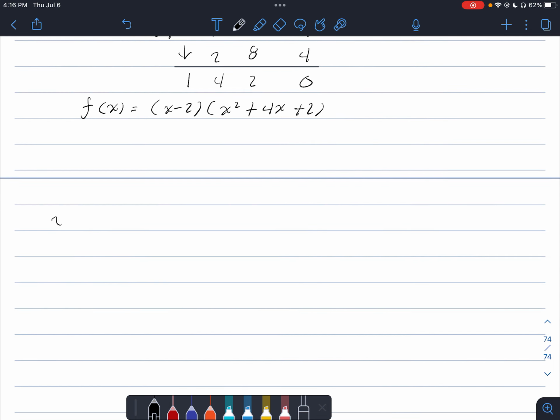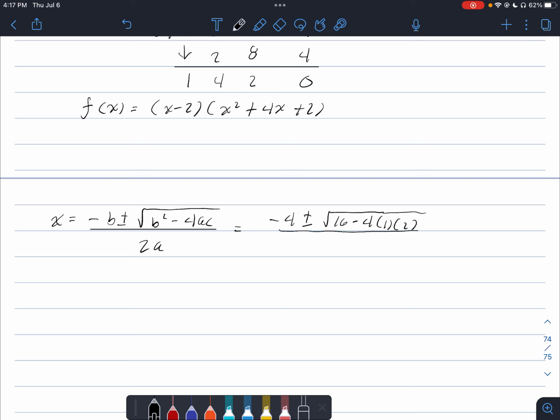So we have x is going to be equal to negative b plus or minus the square root of b squared minus 4ac all over 2a, which will give us -4 plus or minus the square root of 16 minus 4 times 1 times 2 all over 2.